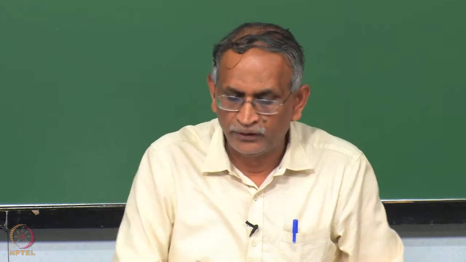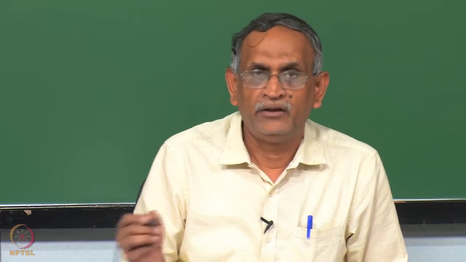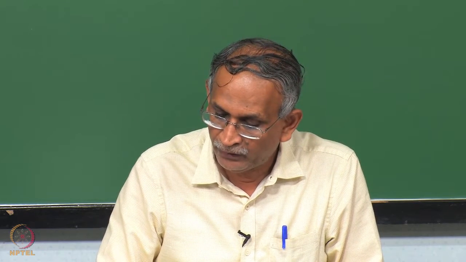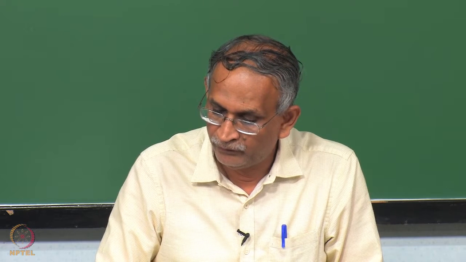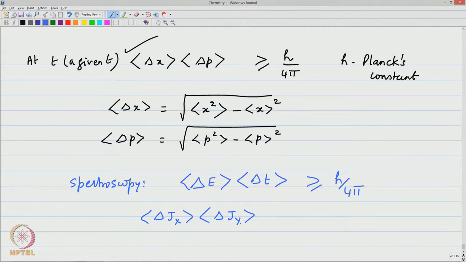Now, this is for spectroscopy, and in scattering, chemical reactions, and in general in angular momentum, we also have the uncertainty of the x component of the angular momentum, delta j x, and the y component of the angular momentum, delta j y, being greater than or equal to the absolute value of the commutator.